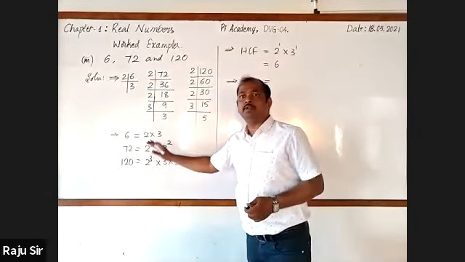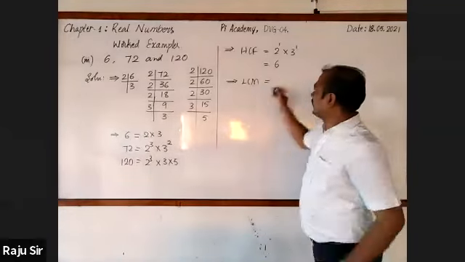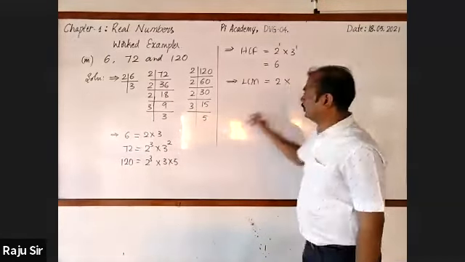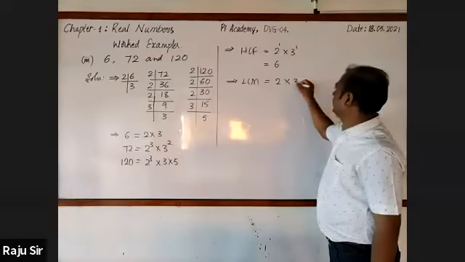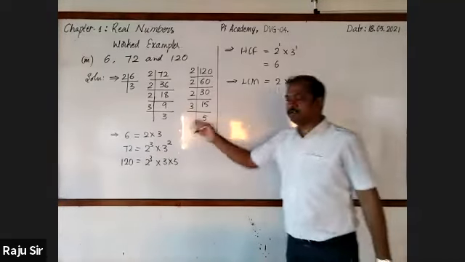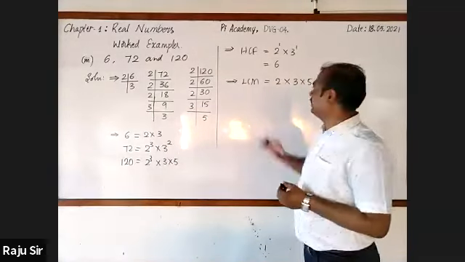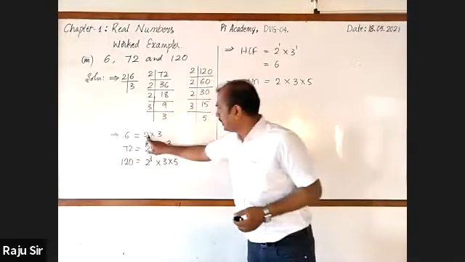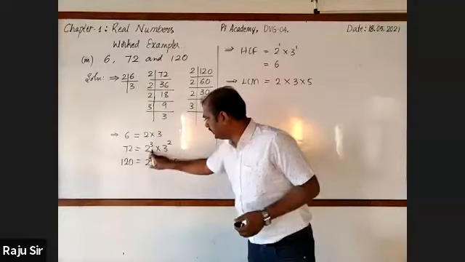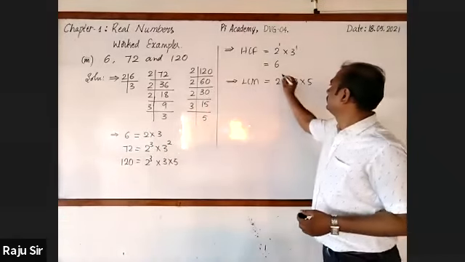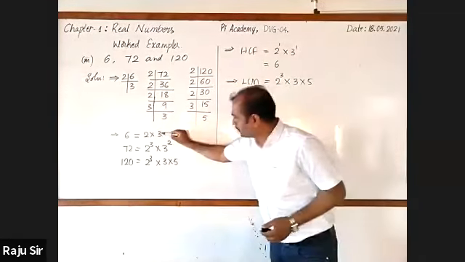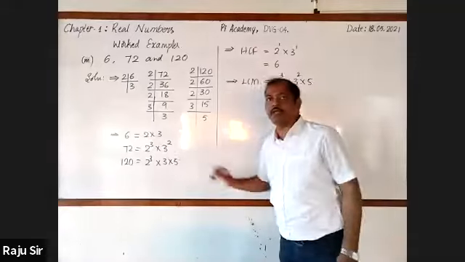Then put the imply symbol to find out the LCM. Now we will write all the factors. The factors involved are 2, 3, and 5. Only these three are there. Let's take their highest power. The highest power of 2 is 3, the highest power of 3 is 2, and the highest power of 5 is 1.